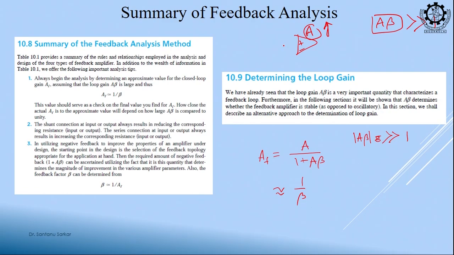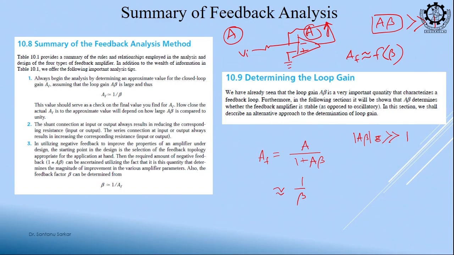So that when we are thinking of, say, one feedback circuit, our gain is only dependent on, in an inverting amplifier, what is your gain? Minus R2 by R1. In a non-inverting amplifier your gain is 1 plus R2 by R1. Is there anything like A, any expression of A? No, we are neglecting that.